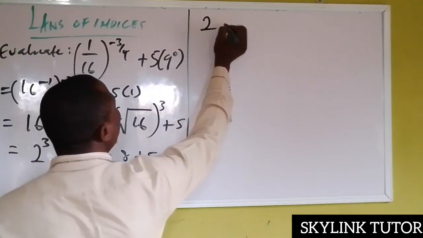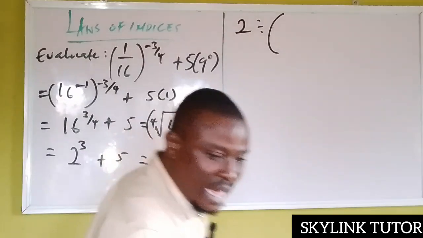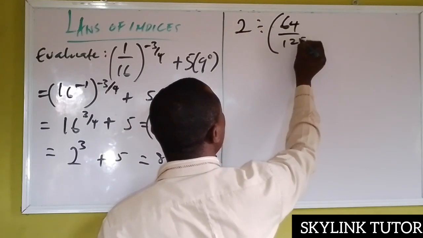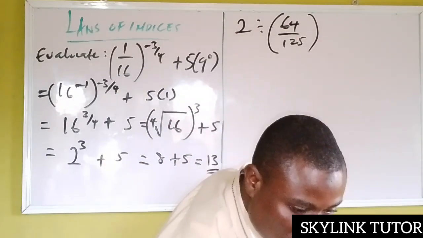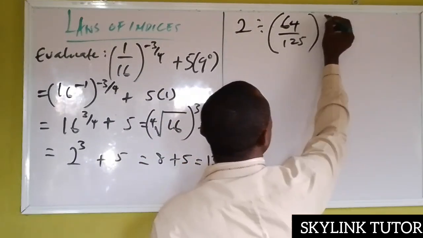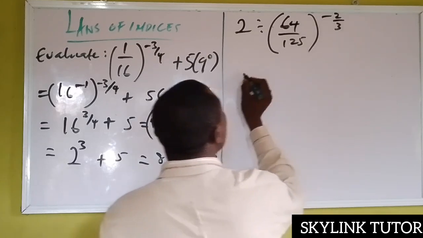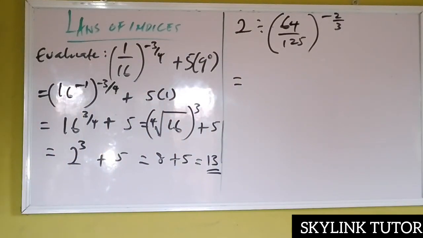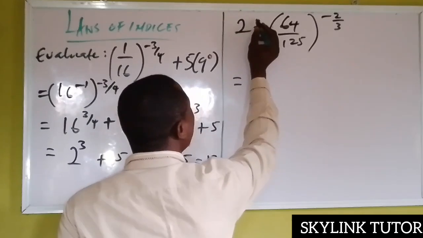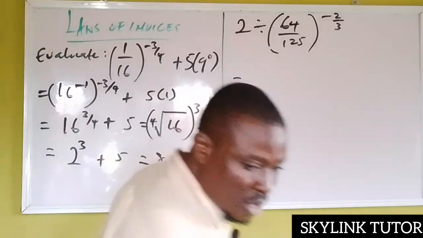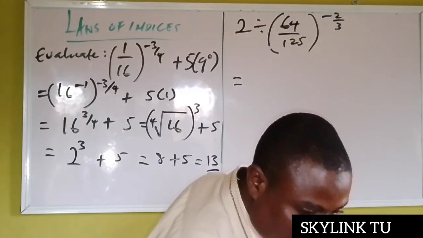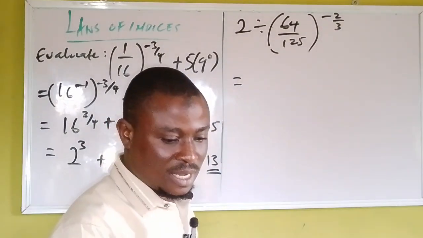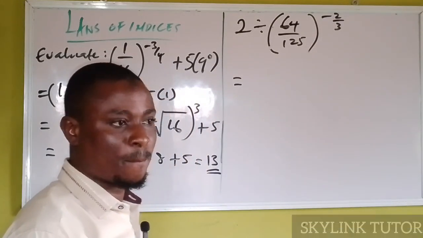Divided by, I now have 64 divided by 125 raised to power minus 2 over 3. This is what I have as the question. How do I go about this? That is the next thing that we need to think of.